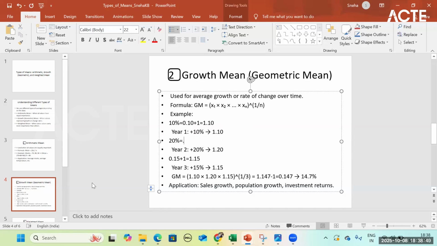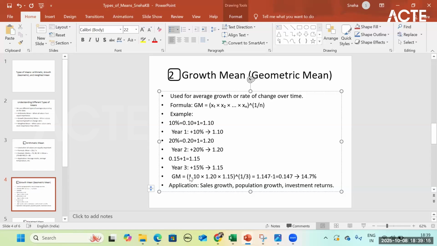How do I write 20%? 0.20, then I add 1 to it, so it is 1.20. And so forth. Again, year 3 is 15%, so it is 0.15 plus 1, 1.15, right?